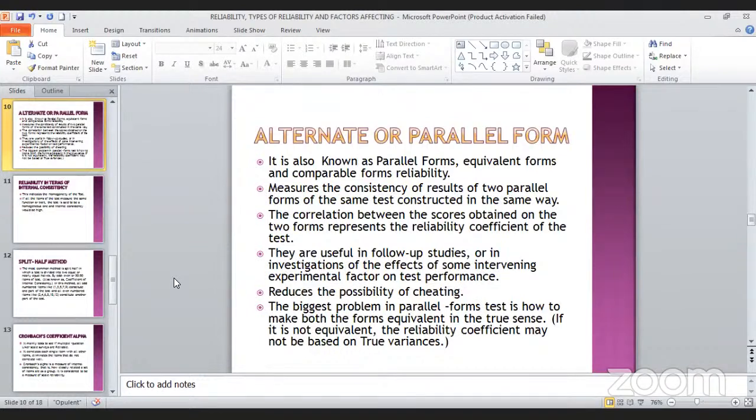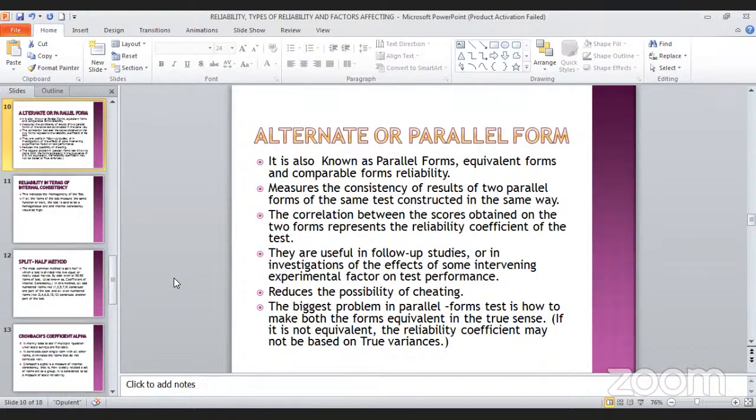And maybe the 100 number item for A in case of B is 90, like that. So the numbers are there, but the position will be changed. Position of the items will be different. Similar items, and the positions will be different. And the same difficulty value and discrimination power should be the same also.